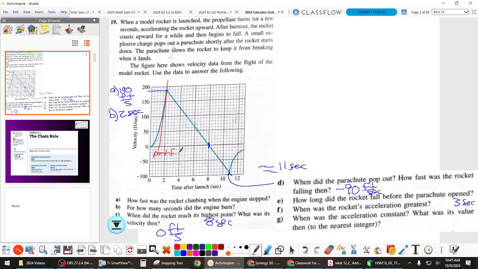All right. When was the acceleration constant? Yeah, that whole straight line section. So t equals 2 to 11. And what was its value? So just the slope of that line. Did anybody calculate that? I got 30. I got 190 over 6.